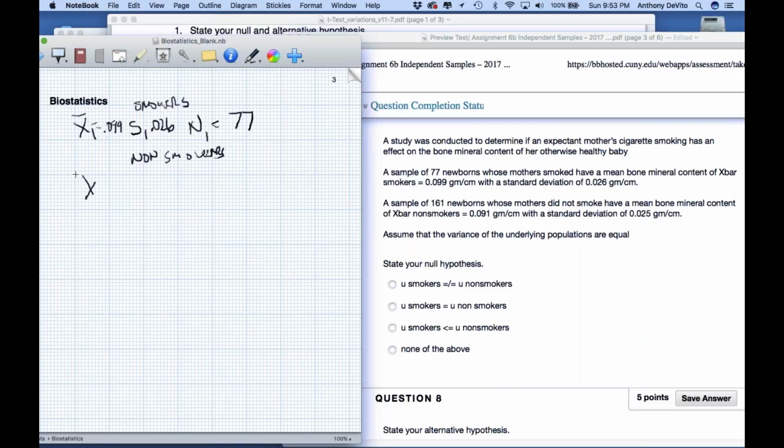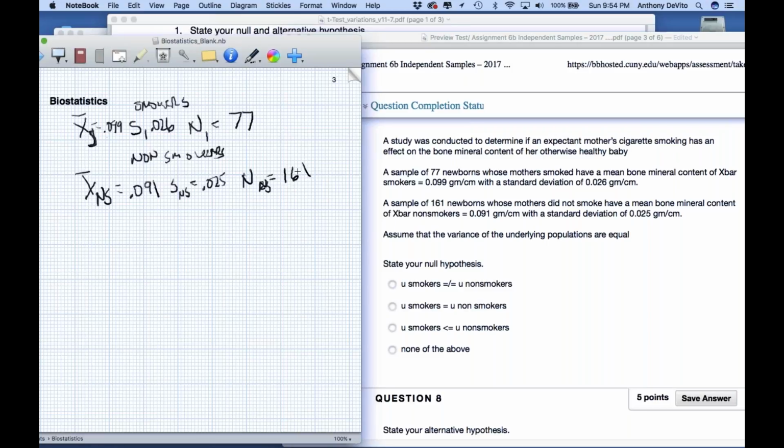How about if I call this x bar s for smokers and x bar ns for non-smokers, which is equal to 0.091, and the standard deviation for non-smokers is equal to 0.025, and the sample size for non-smokers is equal to 161.